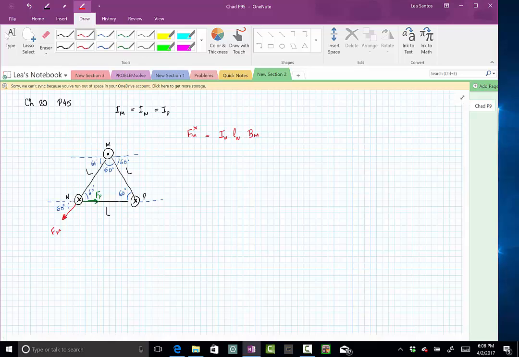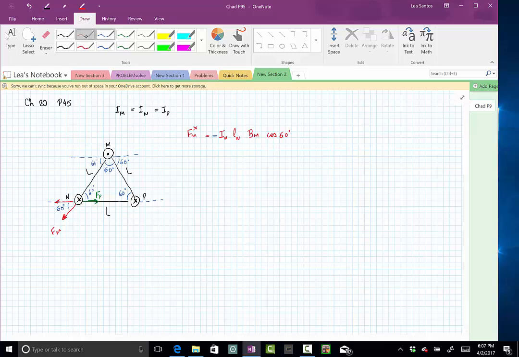Well, we have to pick the component of this vector along the X direction. So along this direction here, and this will give us a cosine of 60 degrees. Since it's pointing to the left, I'm going to remind myself of that by putting this minus sign here.